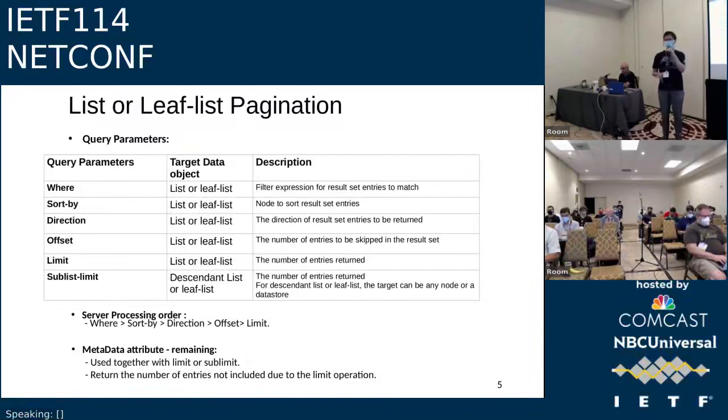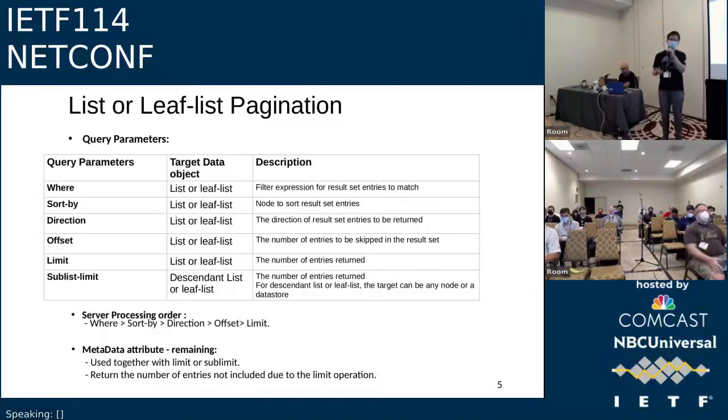We introduce similar semantics. For example, where you can see as a selection filter. It can help you filter your result set of interest. And sort-by, you can see this is actually a kind of index node.